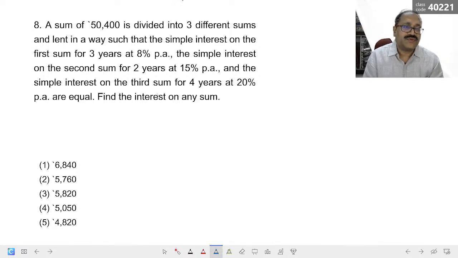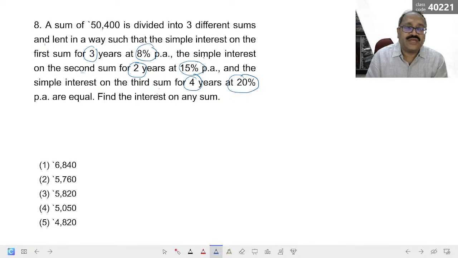Here is the next question. What it is said, a sum of rupees 50,400 is divided into three different sums lent in such a way that the simple interest on the first sum for 3 years at 8% per annum and the simple interest on the second sum for 2 years at 15% per annum, and the simple interest on the third sum for 4 years at 20% per annum are equal.